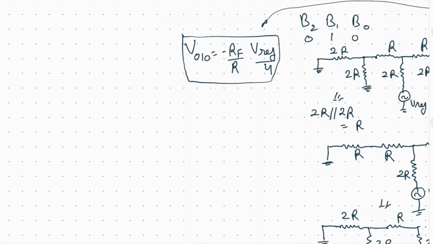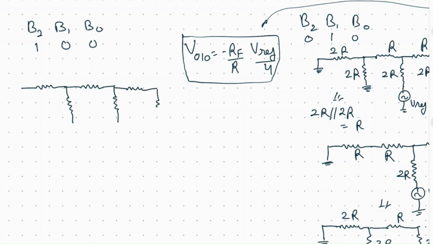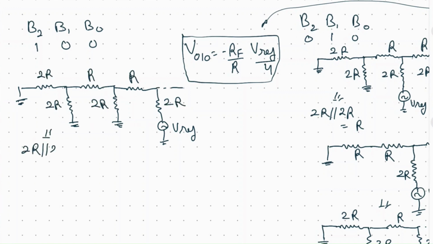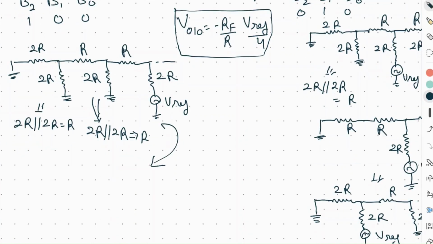Similarly, let's calculate the voltage corresponding to 100. Only the switch which corresponds to bit B2 will be connected to the reference, all others will be connected to ground. The equivalent resistance, 2R in parallel with 2R, will be R. It will again become 2R in parallel with 2R, which is R. Then we will get again 2R, and then voltage supply V reference.